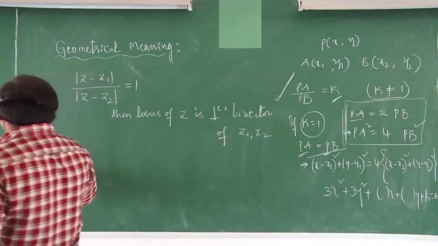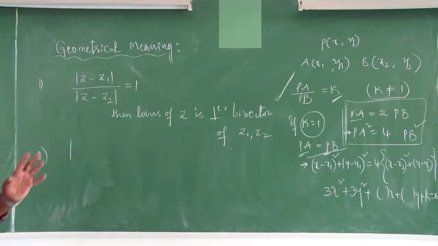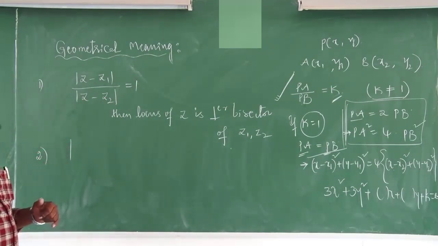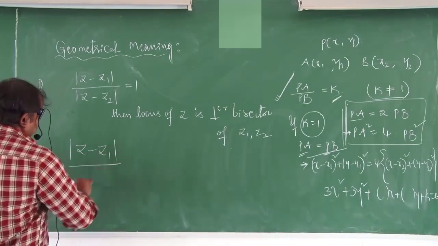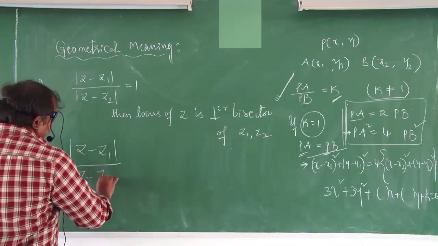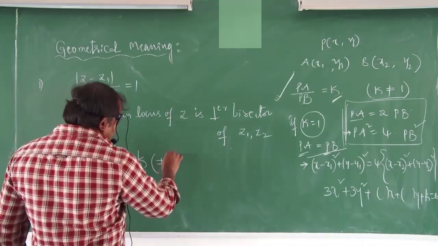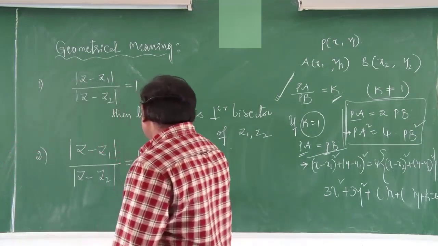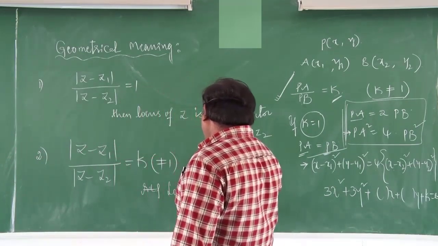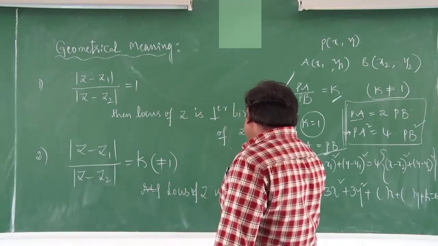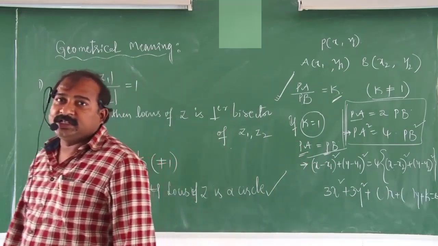Now in complex numbers, the same 2-dimensional concept: modulus of z minus z1 by modulus of z minus z2 is equal to some constant k, which is not equal to 1. What is the locus of z? The locus of z is a circle. That's it.